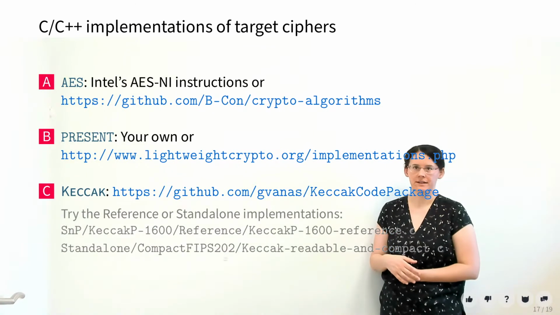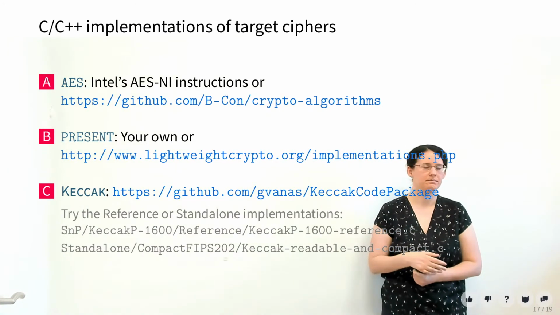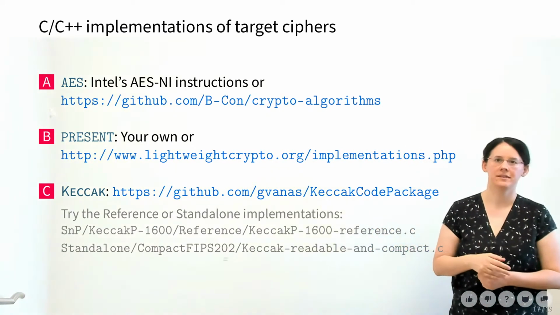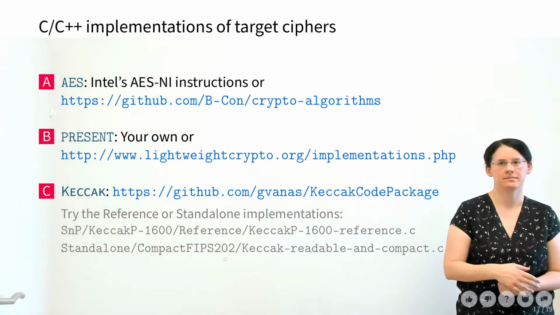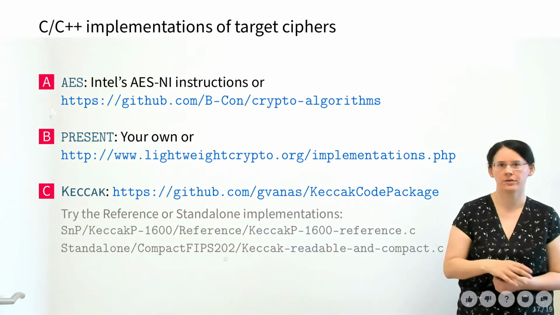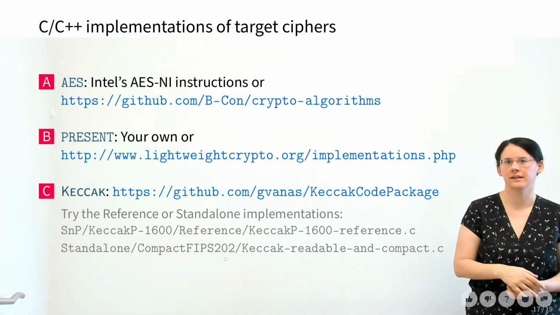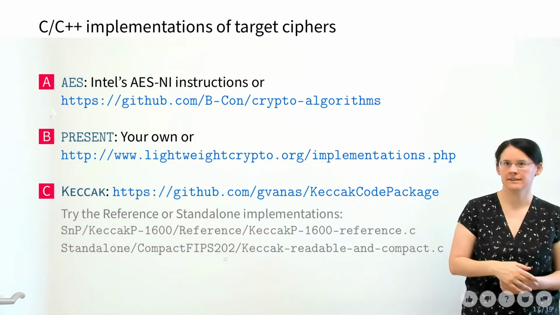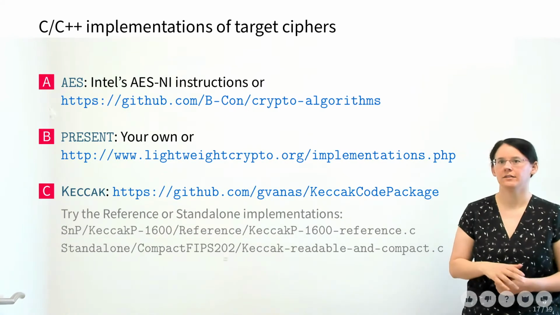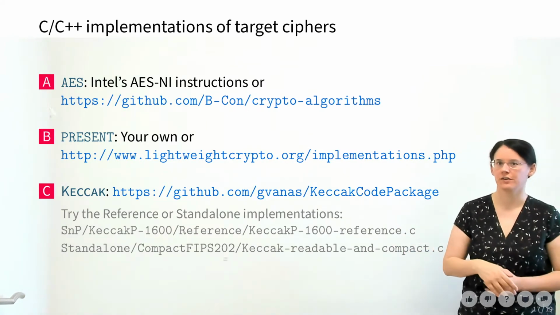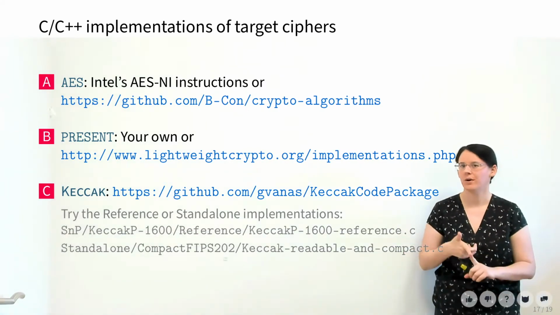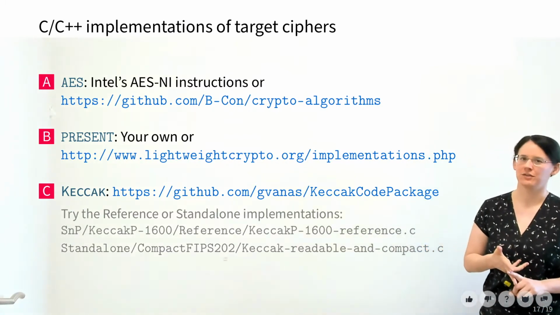For PRESENT, it might be easiest to implement the cipher yourself, or you can use the implementation that's available on the Lightweight Crypto website. And for Keccak, there is an official code package which is very thorough, very efficient, but a bit hard to navigate.